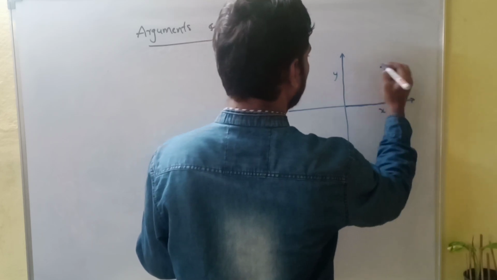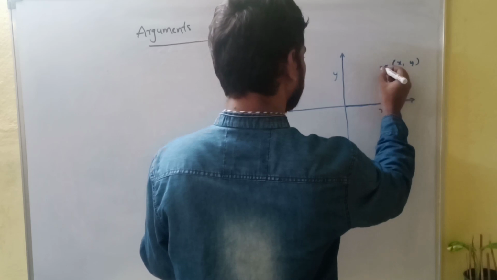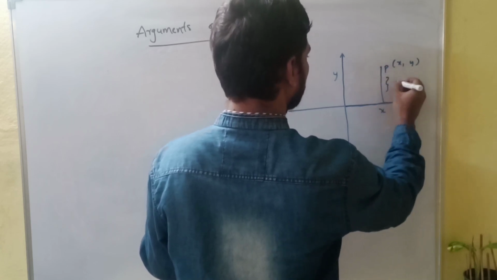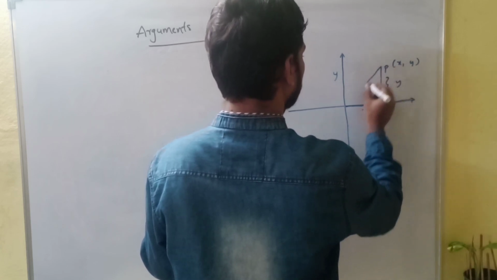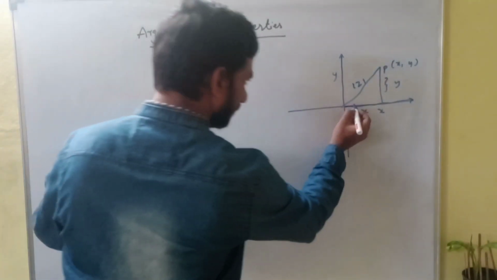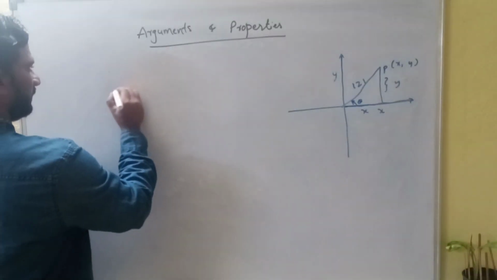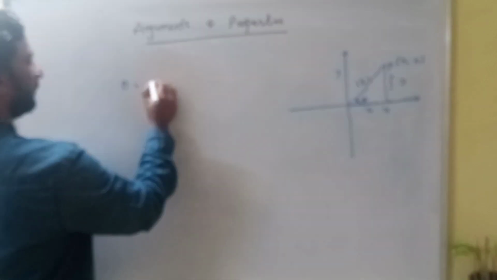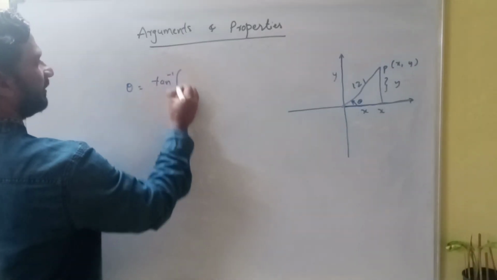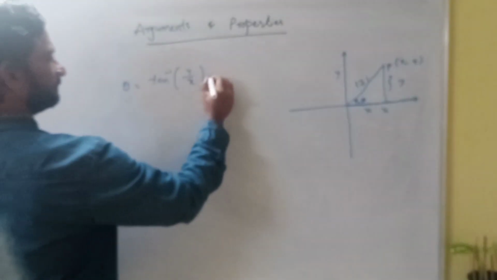And I am taking a point on this Gaussian plane P, x comma y. So this is y and this is x and this is mod z. And this will make theta degrees from the positive x direction. Then theta is equals to, as I told before, tan inverse y by x. So this we can call as argument.